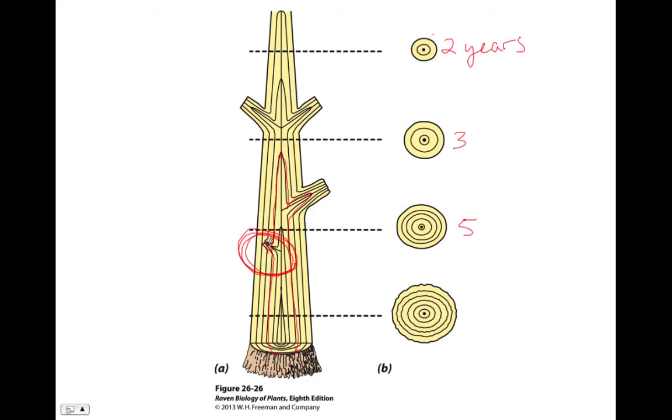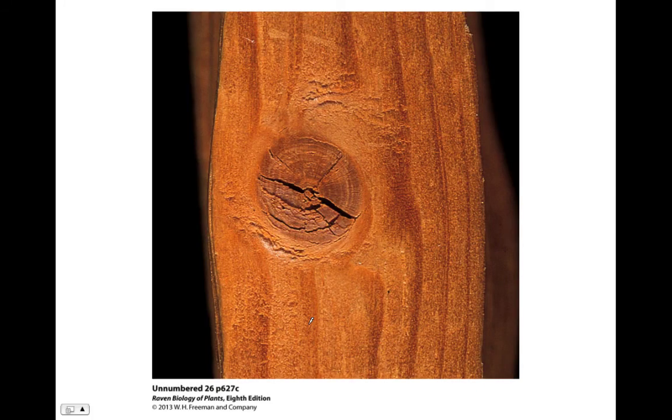It has died and it has been covered over by later growth of this tree. So this gives rise to those formations in trees known as knots. This knot here is referred to as a tight knot. And so this is a branch that existed on the tree at some point in the past.